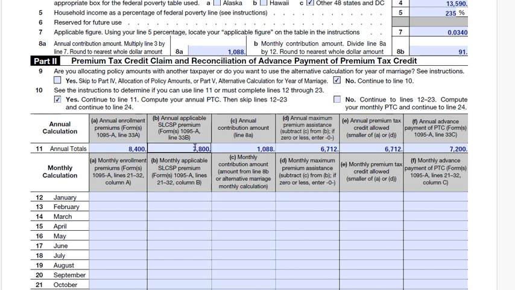And this number here depends on what city and what state you're living in, and it's determined by the government. This is the amount that the government is willing to subsidize. So the annual premium is $8,400, and the government will subsidize $7,800. And then column C here is the number from line 8A, which is 1,088.